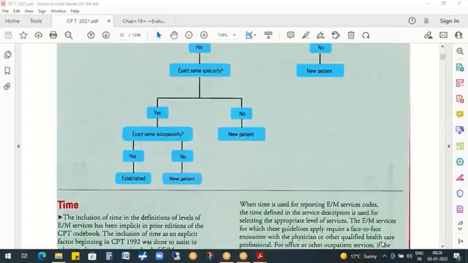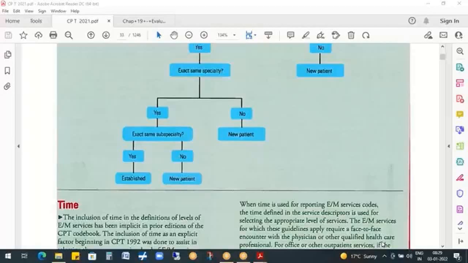After admission date to before the date of discharge. Before the date of discharge.